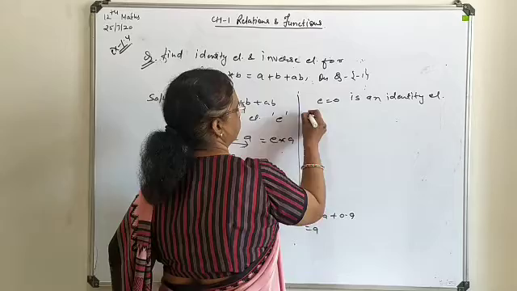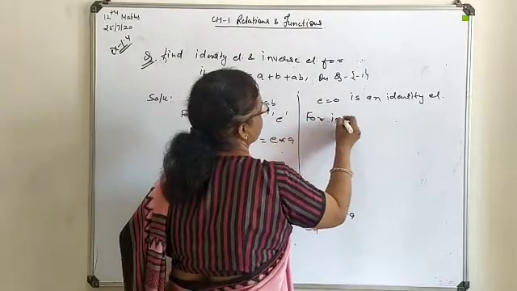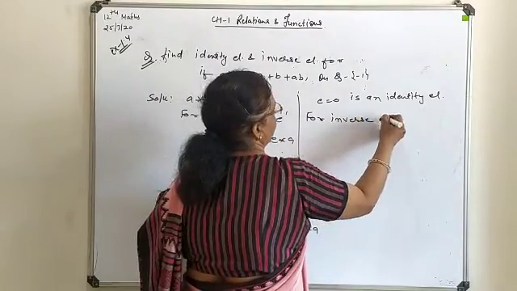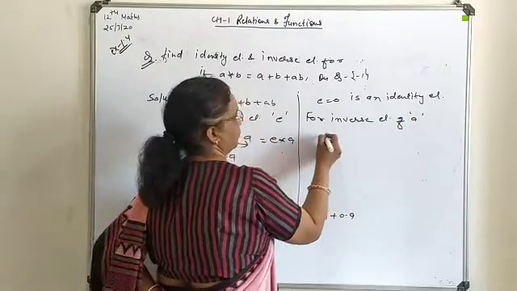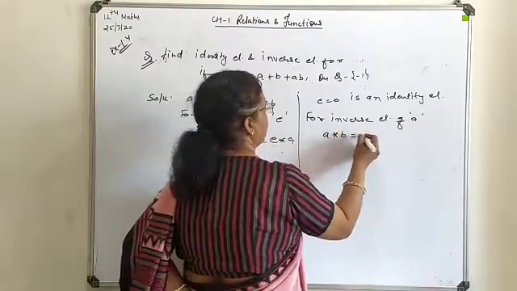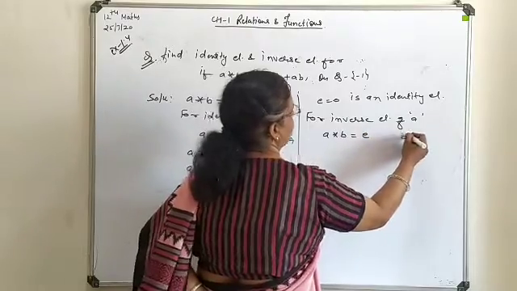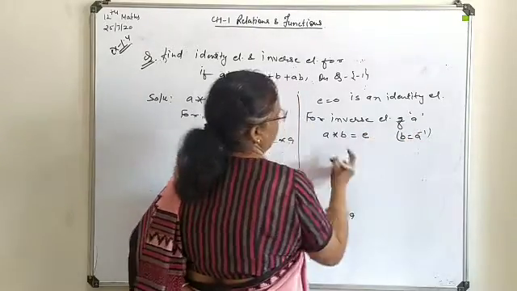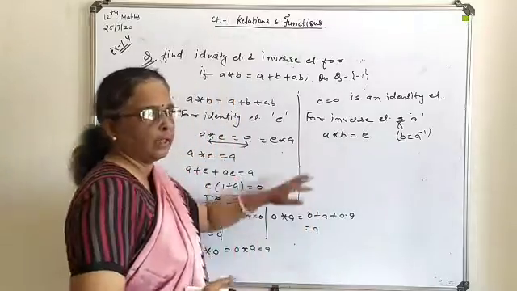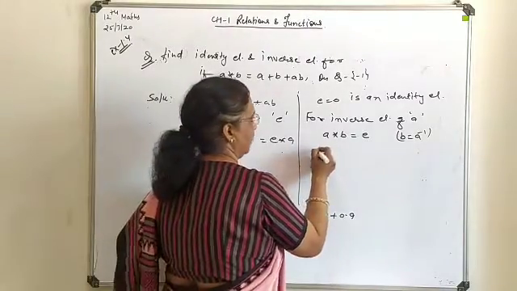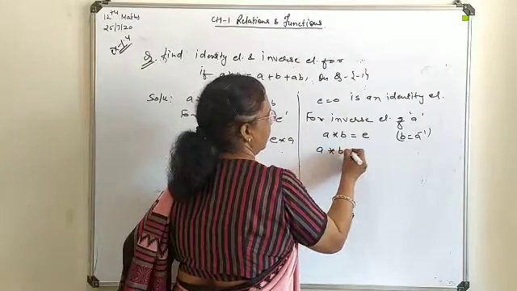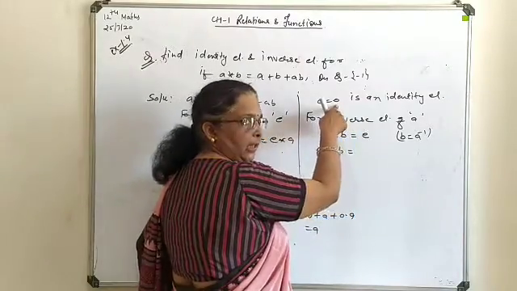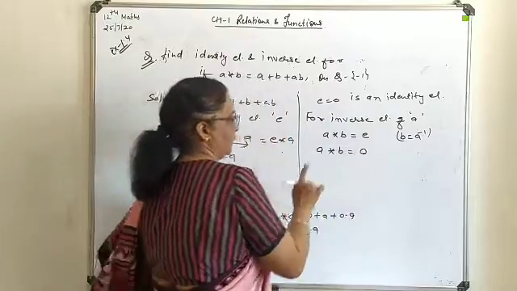So secondly, for the inverse element of A: here A star B should come as E. Here B is nothing but A inverse. So this B we are going to use as a symbol. So A star B, in our case E is 0. Okay.